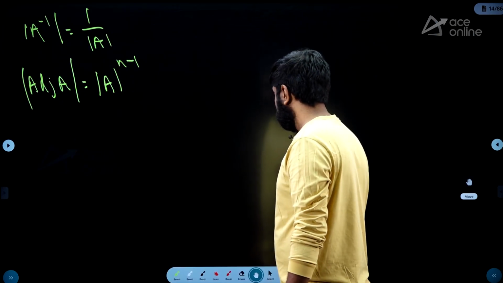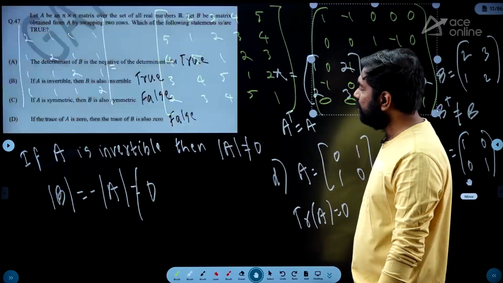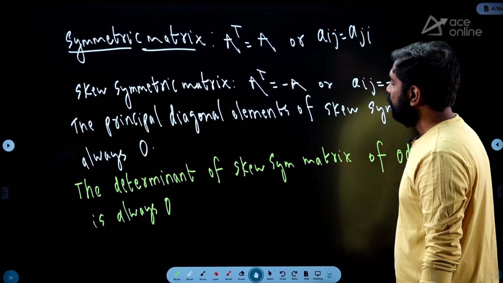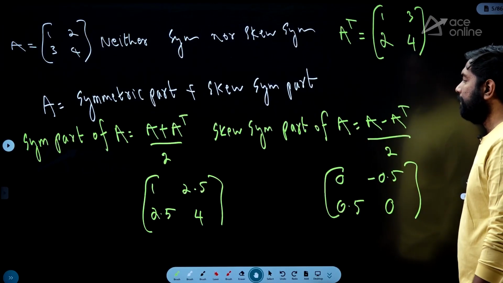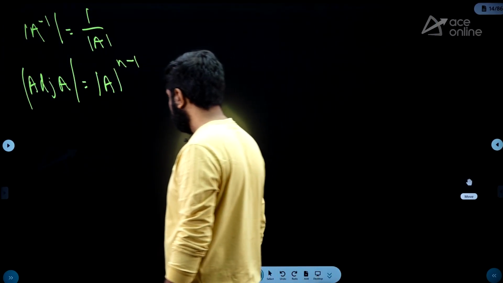Yes. So skew-symmetric matrix of odd order, determinant is 0. Did we write that during the skew-symmetric? Yes, we wrote. So it's already covered. Orthogonal matrix, determinant is either 1 or minus 1. This can be asked.